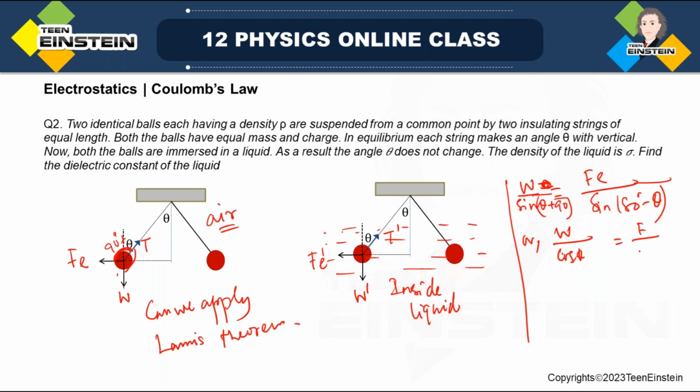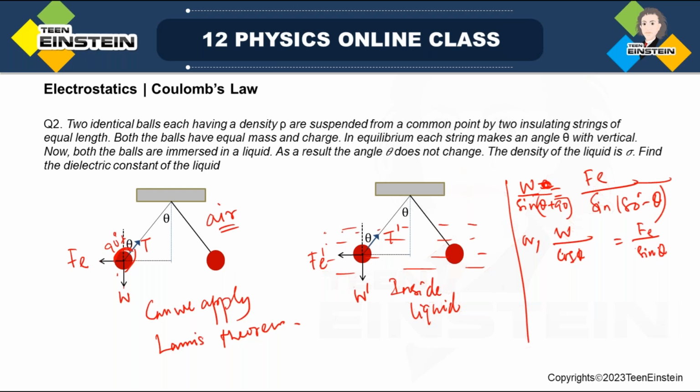And this, I'm sorry, is 180 minus theta, which is sine only, so sine theta. Yes.